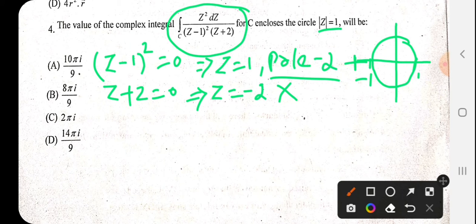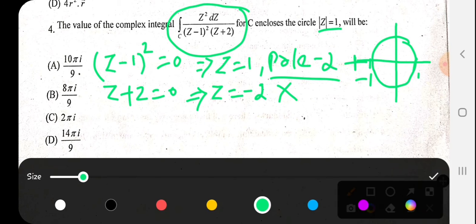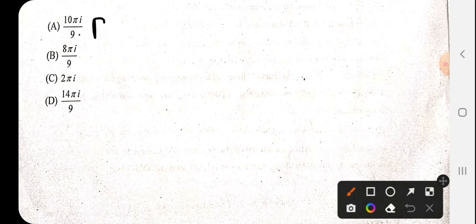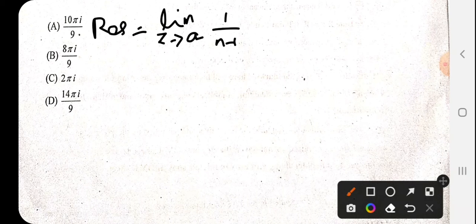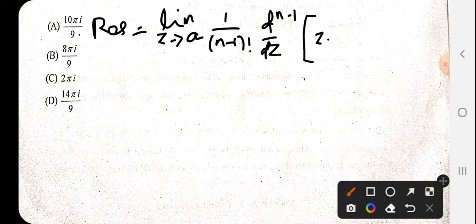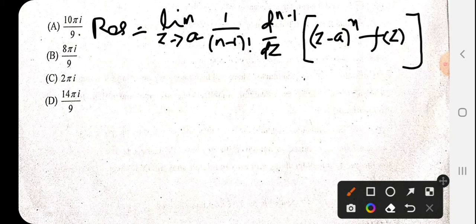Here the solution is, the residue will be equals to limit z tends to a, 1 upon n minus 1 factorial, d upon dz to the power n minus 1, of z minus a to the power n times f of z. Okay, so this is the residue for any order poles.